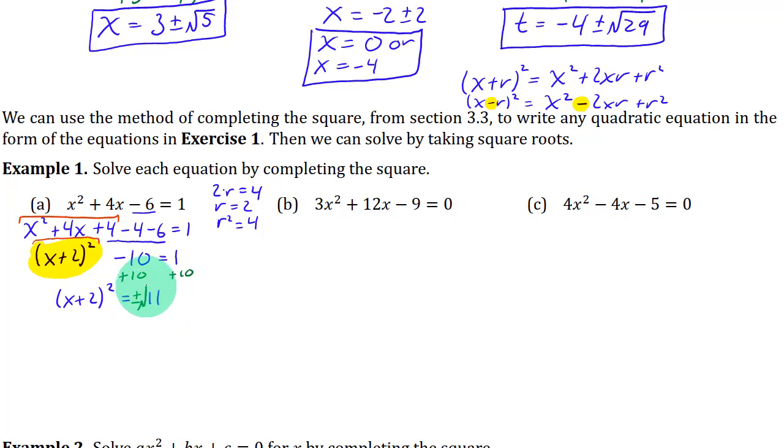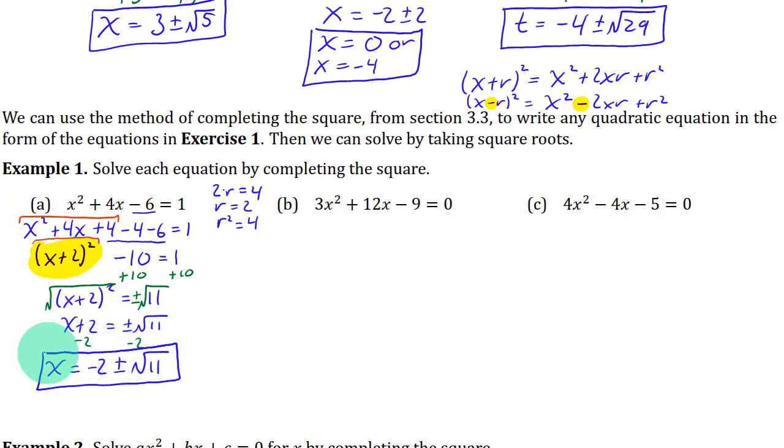Don't forget the plus or minus on one side. That'll give you x plus 2 equals plus or minus root 11. And you can just subtract 2 from both sides. That gives you x equals negative 2 plus or minus the square root of 11. All right, so that's that.